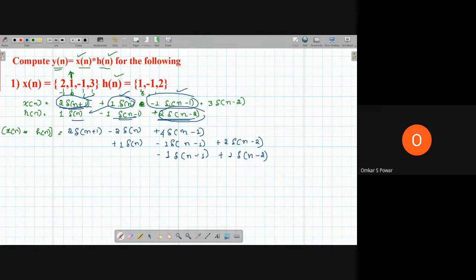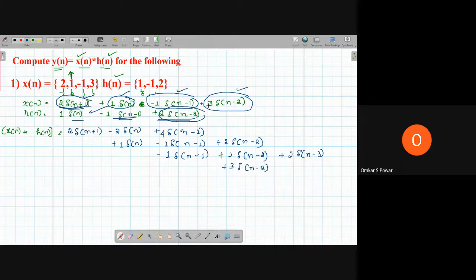Then minus 1 into del of n minus 1 into plus 2 del of n minus 2 is plus 2 del of n minus 3. Then the last one, 3 del of n minus 2 into 1 del of n, is equal to 3 into del of n minus 2.